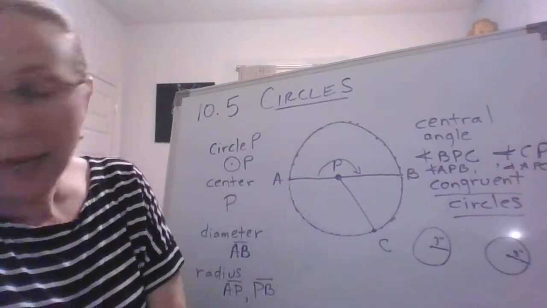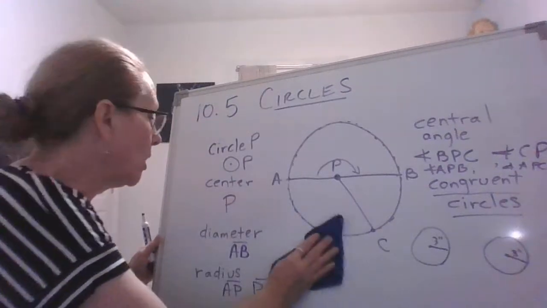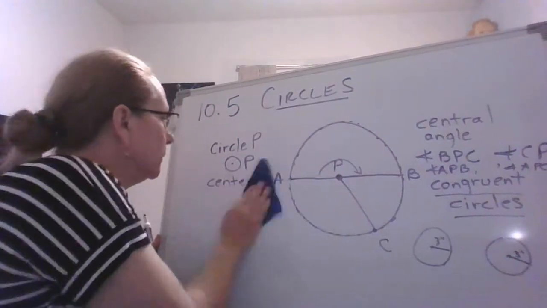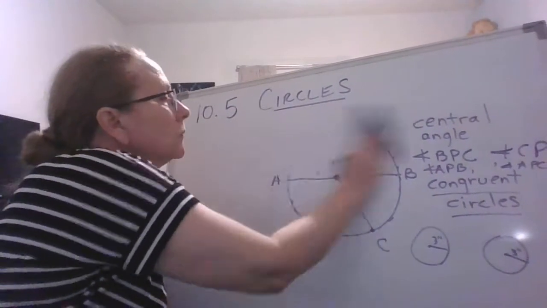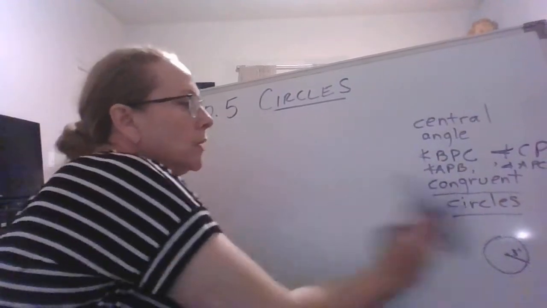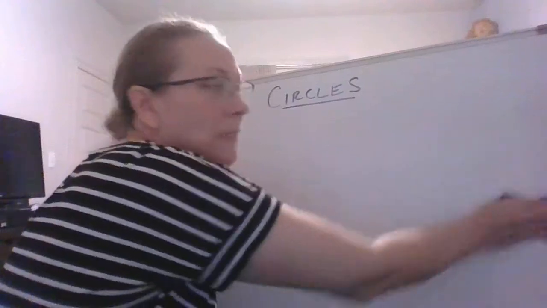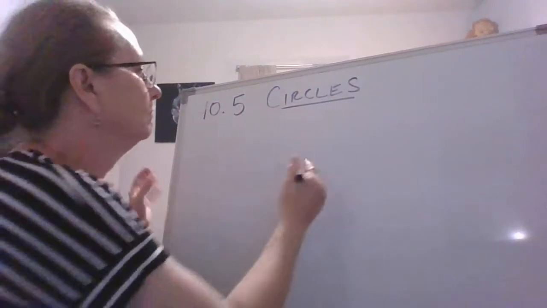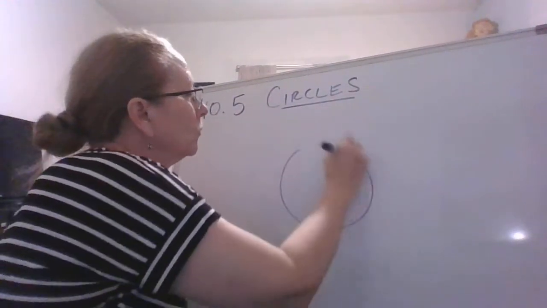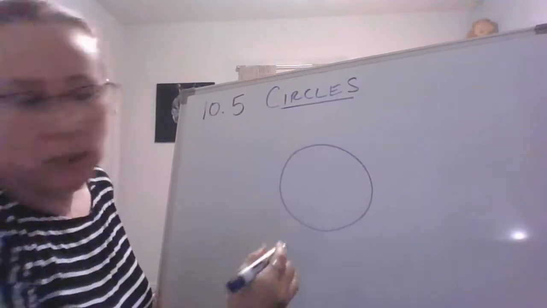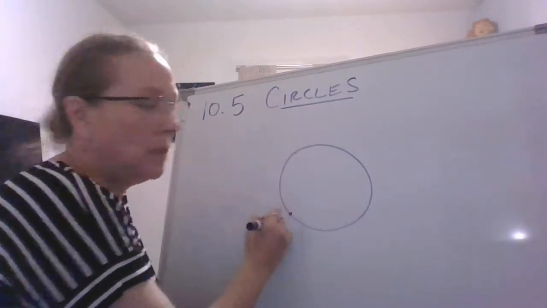Okay. Now, moving on, we're going to talk about arcs. I'm going to start with a new picture. We're going to talk about a minor arc, major arc, and a semicircle. So let's go ahead and use the same drawing.